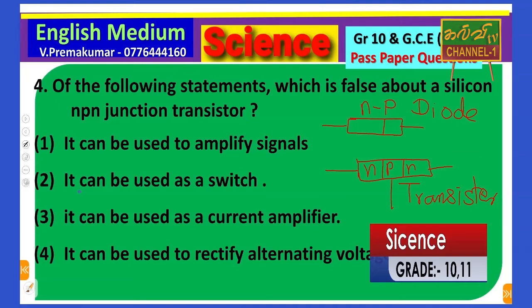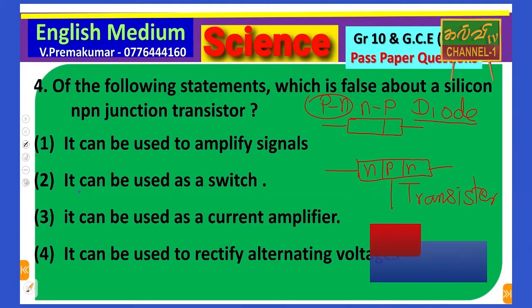So a PN junction or NP junction has only 2 terminals, that is a diode. An NPN or PNP, that is another kind, PNP, right?